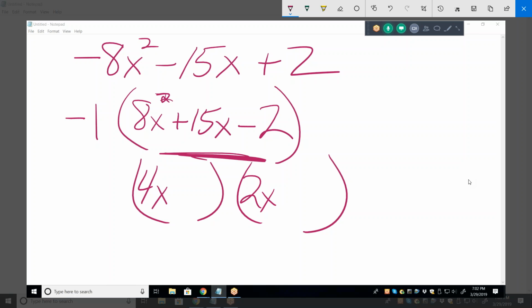Figure out what both signs are. Always the next step, and it's always the step that my students want to skip. Don't skip it. That's perhaps the most important step. So what are both signs?